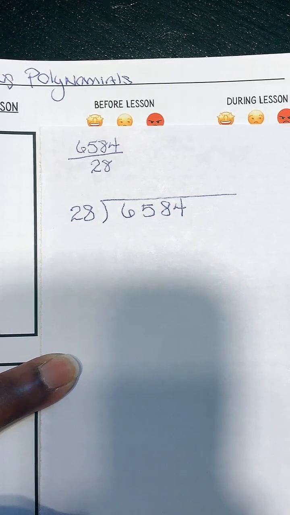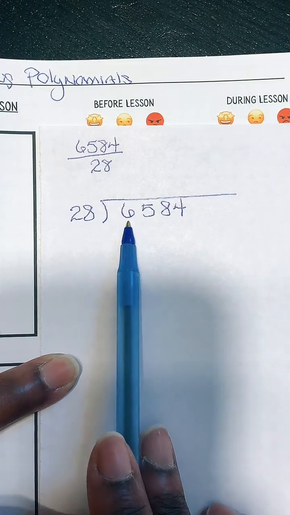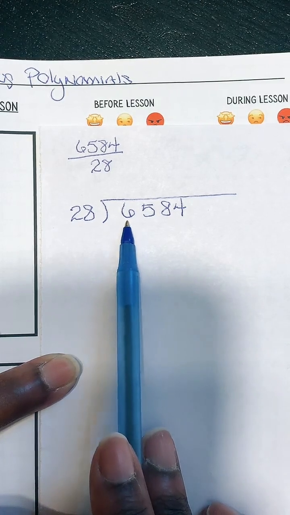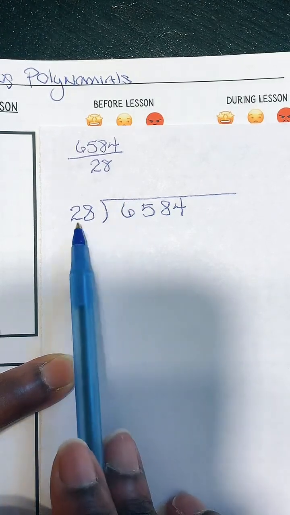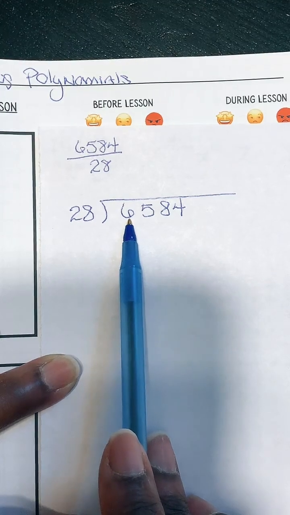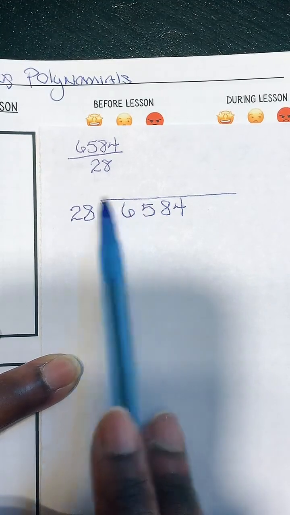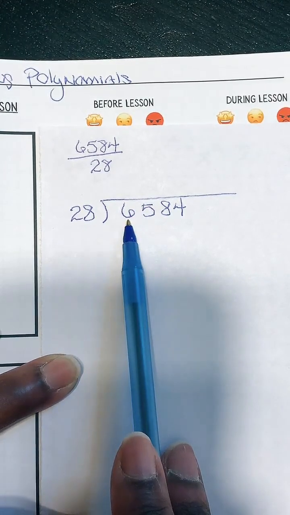All right. So first thing that we need to do, before we even get all kinds of crazy, we go to the first term. So we have a 6, so it's the first digit. So how many groups of 28 can go into 6? None, right? So no groups of 28 can go into 6.